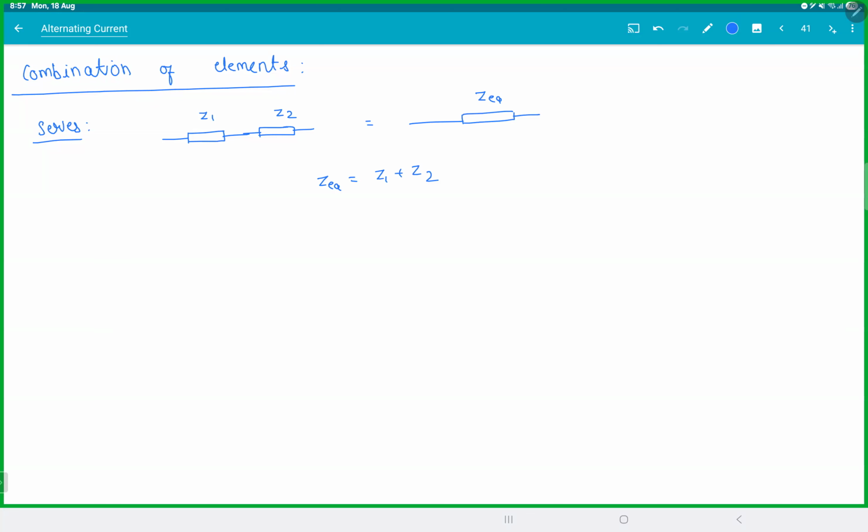Just like series resistors and everything. Example. Z1 is 1 plus j, and Z2 is 2 plus 3j. You can just add them. Z equivalent will be add the real parts, add the imaginary parts. 3 plus 4j. Regular complex numbers, nothing new.